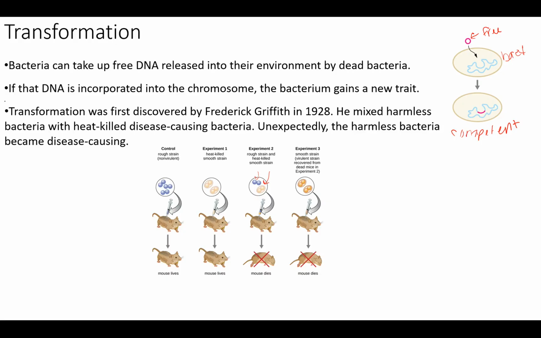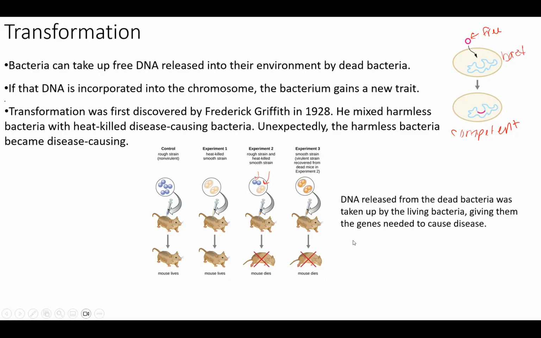But this finding showed that the safe R strain, when mixed with dead S strain, was picking up pieces of DNA from the dead S cells and it was transforming, hence the name, those R strain cells into pathogenic S strain cells. Isn't that snazzy, y'all? I think it's super snazzy.